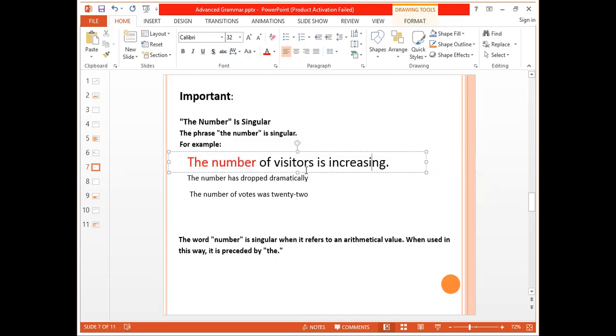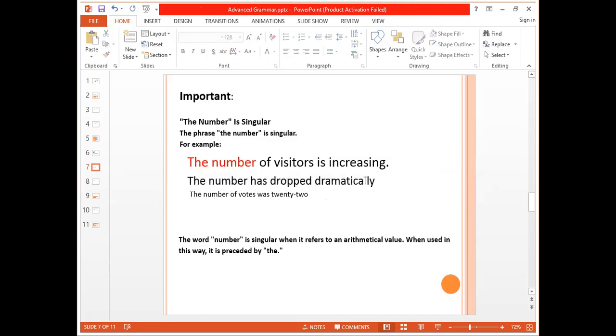We will not say the number of visitors are increasing. Keep that in your mind, clear? Whenever you use the number before a noun, it's singular, not plural. You will say the number of visitors is increasing. Like the second one, the number has dropped dramatically. Clear? Can you see?